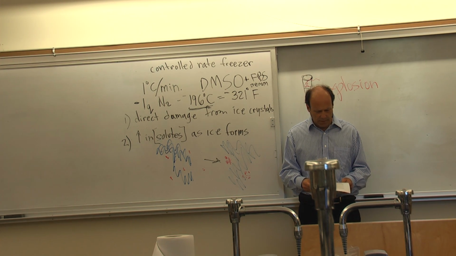That technology is out there too, and that all leads to products, like blood storage banks keeping blood cooled at 4 degrees. But once you get into freezing, there's a problem with the ice crystals and the solutes.